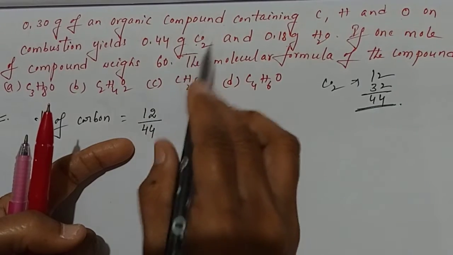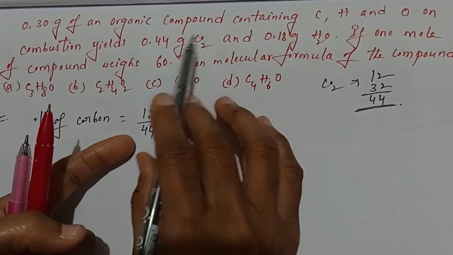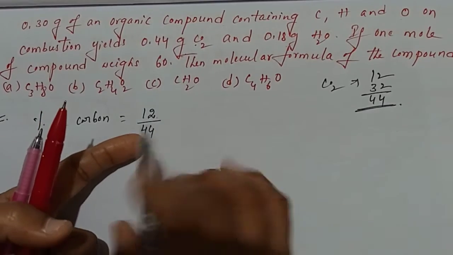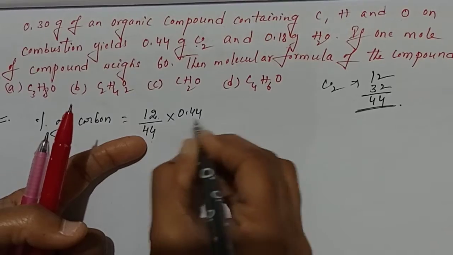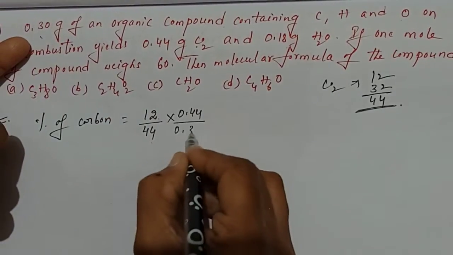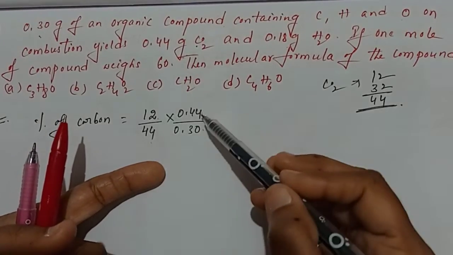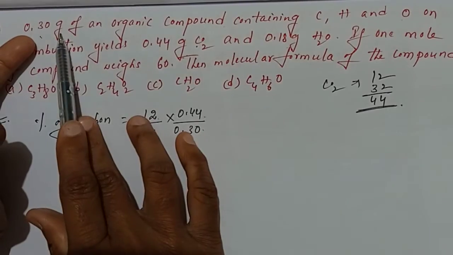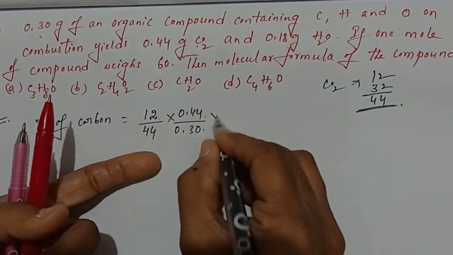So in CO2 carbon 1 atom is there, its atomic mass is 12, divided by the total mass of the molecule 44, into how much CO2 weight is given, students? 0.44 weight given. Total organic compound mass how much? 0.30. Are you following? So the CO2 weight divided by the total organic compound weight 0.30, into 100. That is 12 divided by 44 into 0.44 divided by 0.30 into 100.